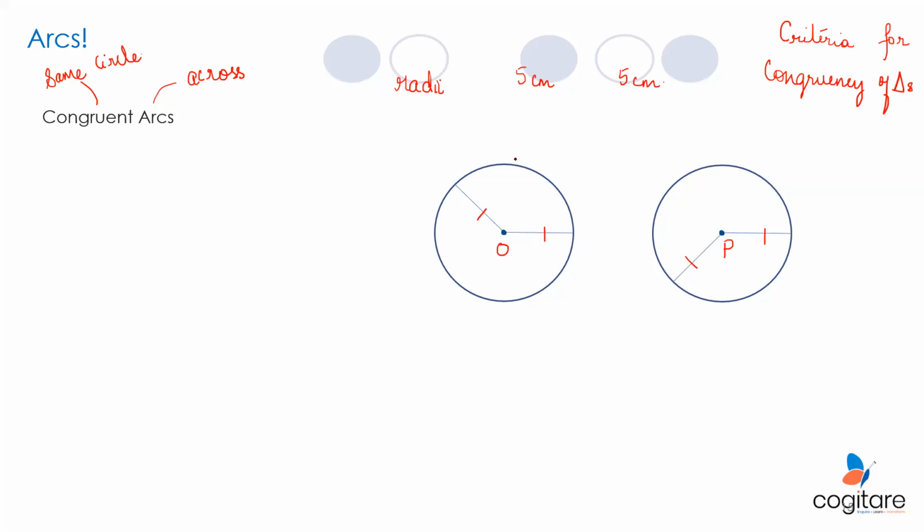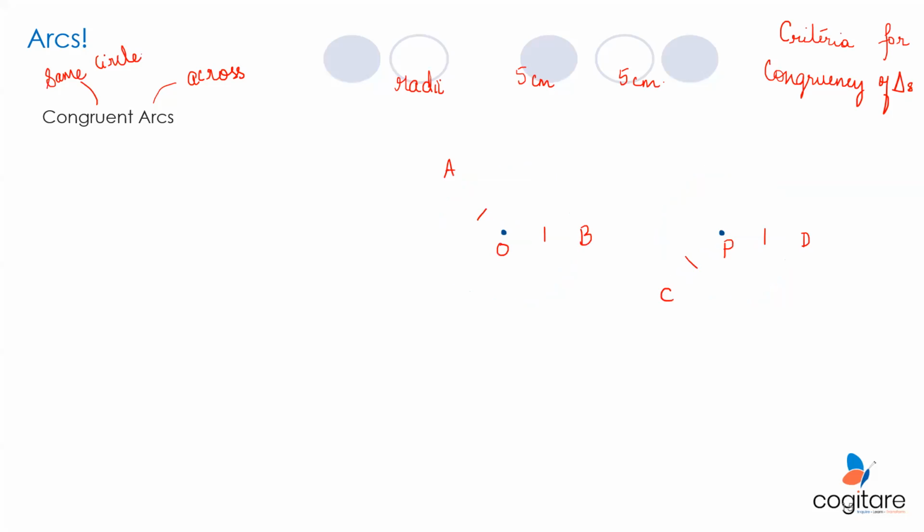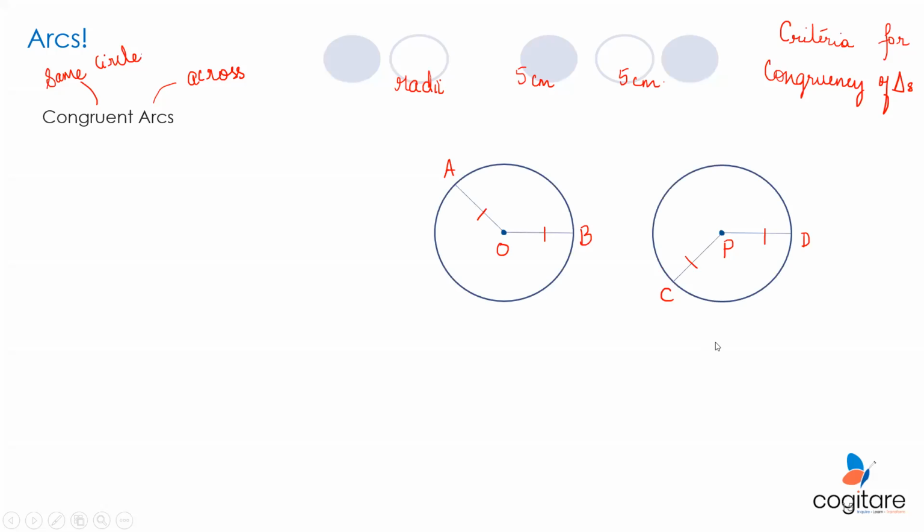Now, if the arcs AB and CD are congruent, which means they overlap, let's say I picked up the arc AB here.